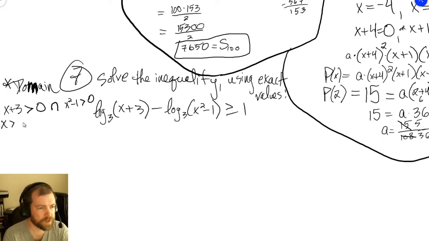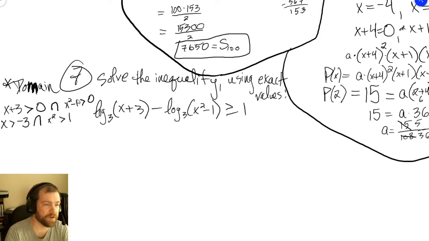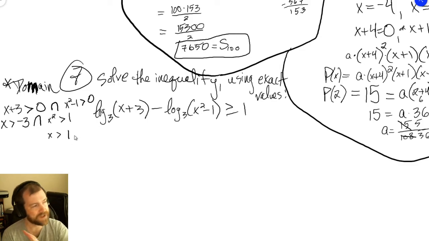So here x must be greater than negative 3, intersected with x squared greater than 1 if you take the square root of both sides. This is really important also. You cannot just say that x is going to be greater than the square root of 1, which is 1, right? Because that completely eliminates one possibility, and that is that you have a large negative number in here. So this is the absolute value of x is greater than 1.